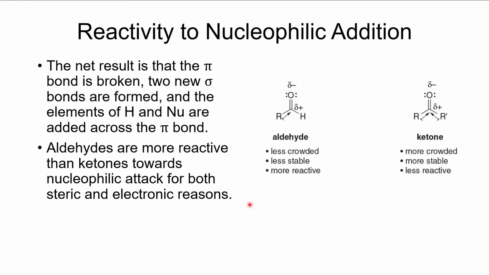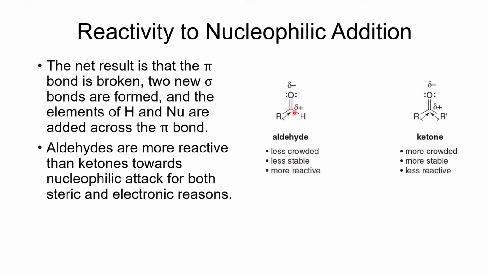The other reason aldehydes are more reactive is that anytime you have an alkyl group, it adds electron density to whatever it is attached to. In the case of the carbonyl, an alkyl group like methyl will add electron density to that electron deficient carbon, giving it a smaller partial positive charge and making it less reactive.